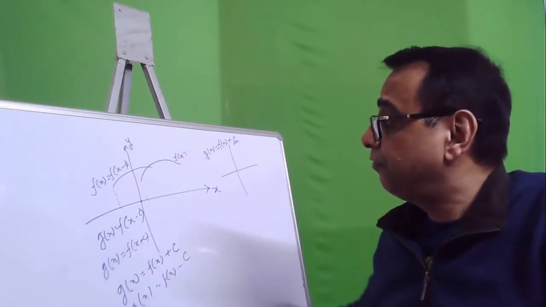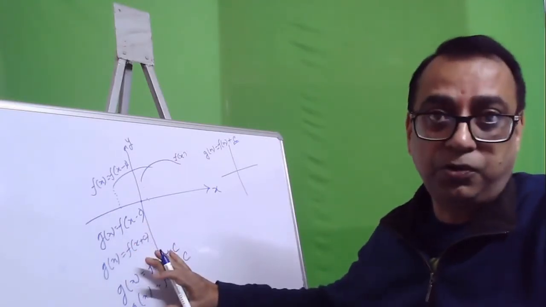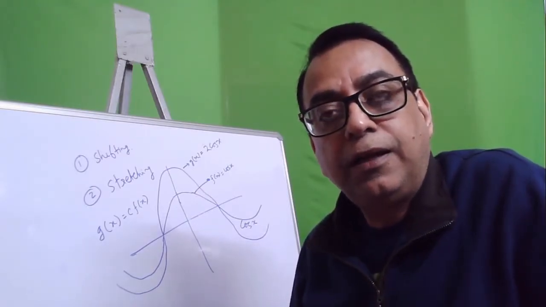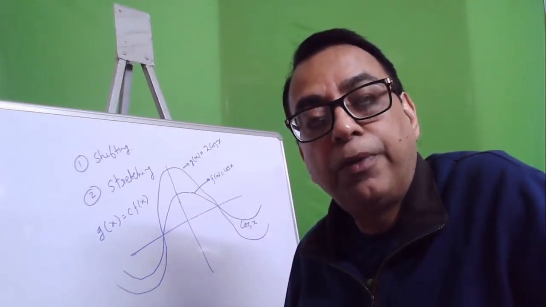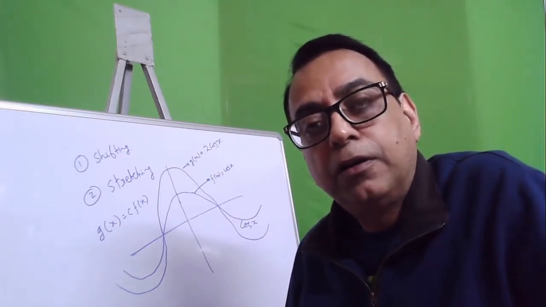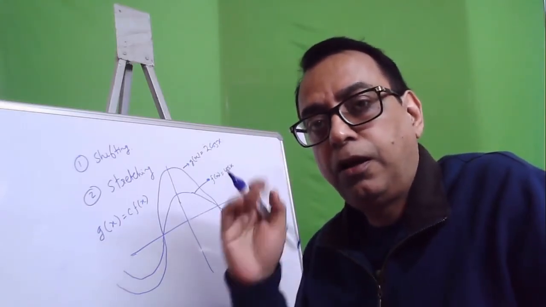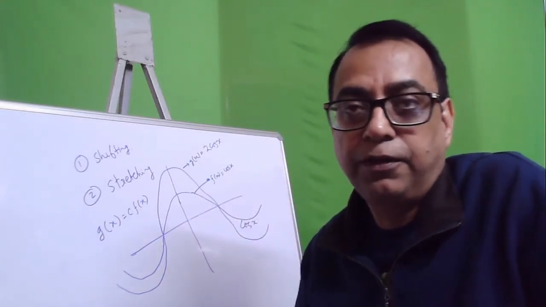So these are the four kinds of shifting that are possible. So we discussed how to get a new graph from an old graph by shifting vertically up, down, and horizontally right and left.